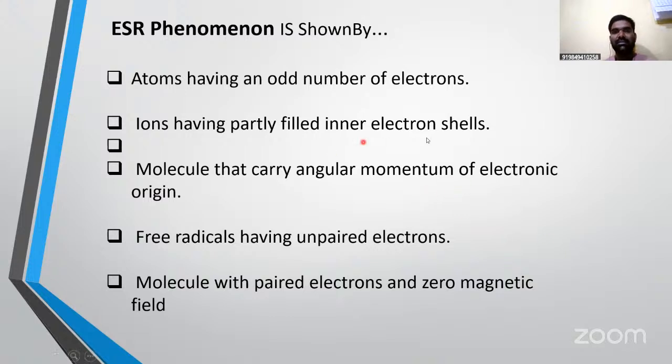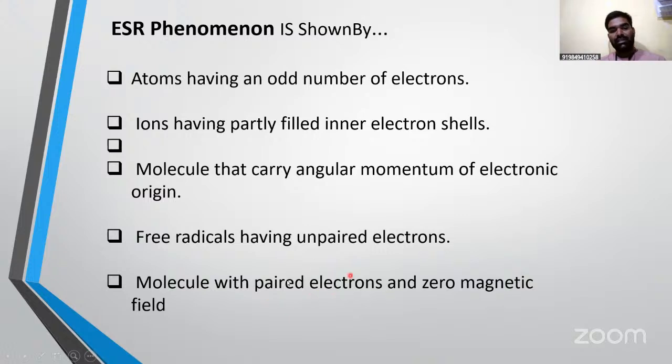Ions having partially filled inner electron shells also show the ESR phenomenon. Molecules that carry angular momentum of electronic origin also show it. Free radicals having unpaired electrons also show the ESR phenomenon.